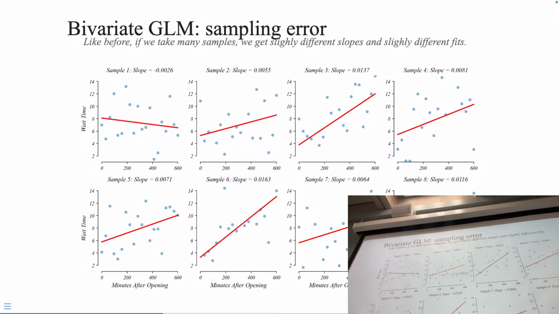And what you can see here is, most of them are positive. The horizontal axis is time of day. The vertical axis is wait time. What you can see is that in most of these samples, we see a positive relationship between the two variables. But not every one. This first sample actually has a negative relationship.